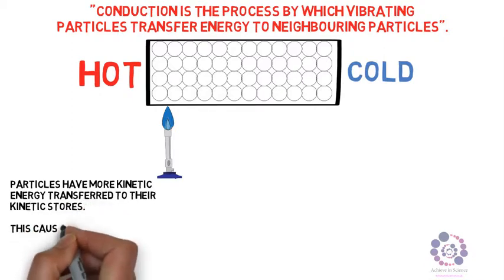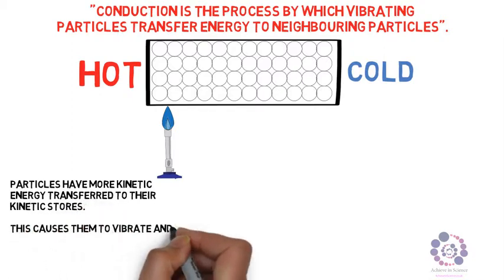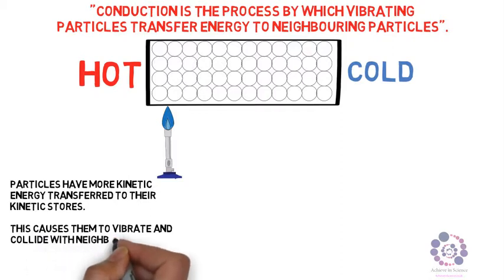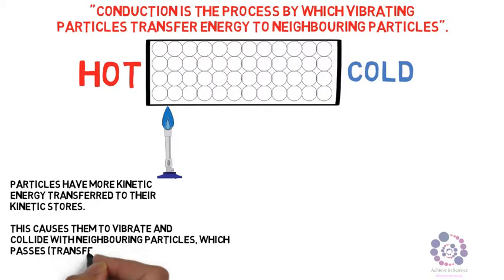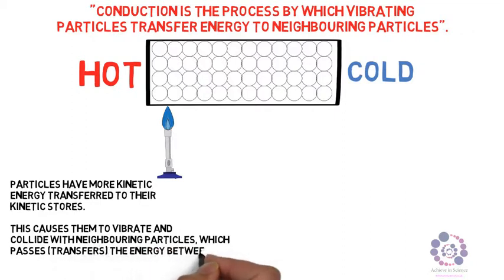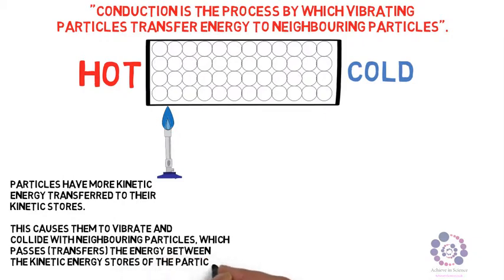This then causes them to collide with their neighbouring particles, which passes or transfers the energy between them, the kinetic stores of the particles. Therefore, the thermal energy is moving from the hot end to the cold end of the rod.